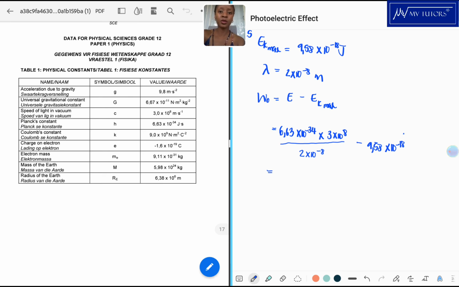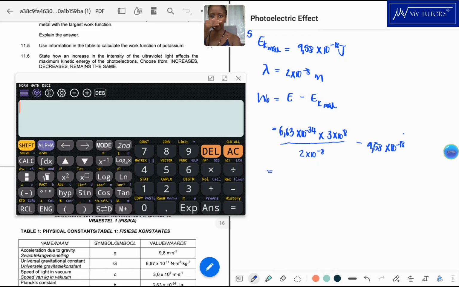So I put in 6,63 times 10 to the power minus 34 times 3 times 10 to the power 8, all over 2 times 10 to the power minus 8, and all of that we subtract 9,58 times 10 to the power negative 18.